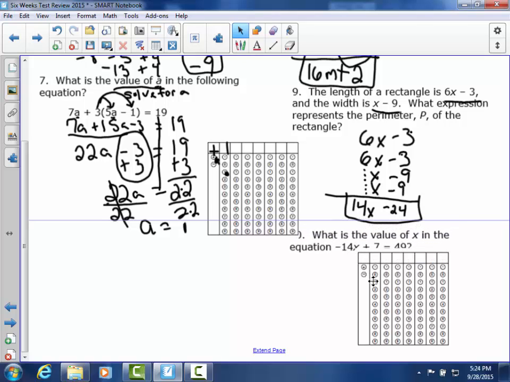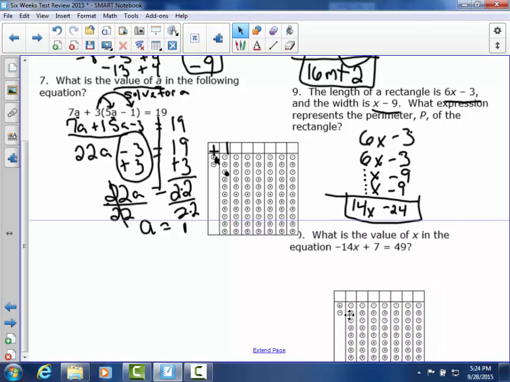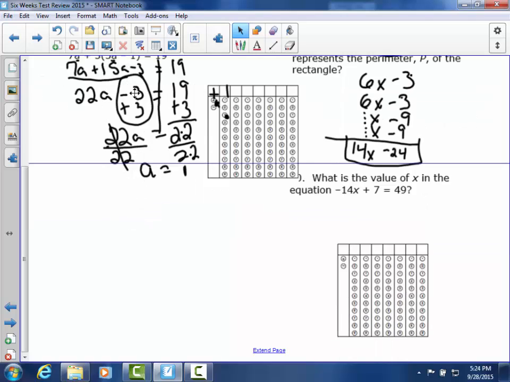What is the value of x in the equation? This is like the one over here where it says what is the value of a, so we're solving. We're going to look at both sides of the equation. I notice this side is simplified, this side is simplified. I'm ready to move things around. I have all my x's in one place, but I have constants on both sides. So I'm going to move this constant 7 by subtracting it, 7 take away 7, over to join the 49.